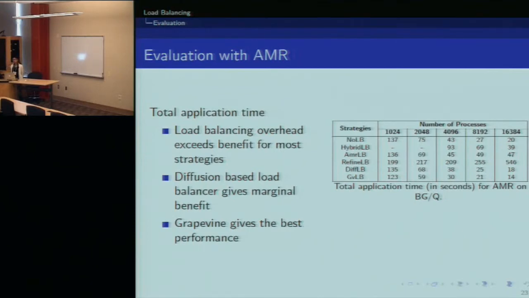Since we are using these load balancing strategies very often, the overhead exceeds the benefit and leads to a performance degradation with most of the load balancing strategies. The diffusion-based load balancer gives marginal benefit, but Grapevine gives the best performance in these regards, primarily again due to the quality as well as less overhead.